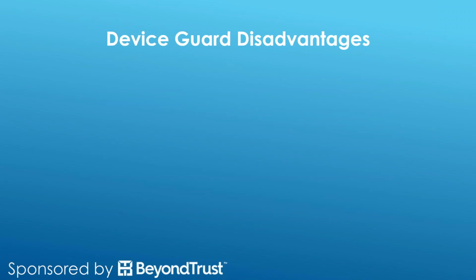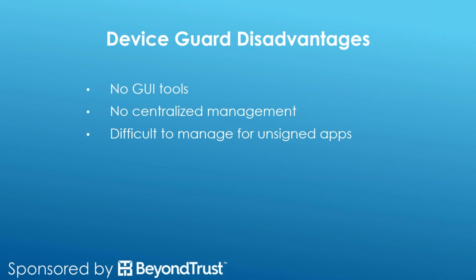There are of course some disadvantages of using Device Guard in Windows 10. There are no GUI tools at the moment or centralized management. If your apps are not signed, then it is possible to manage them using Device Guard, although it's a little bit more difficult.